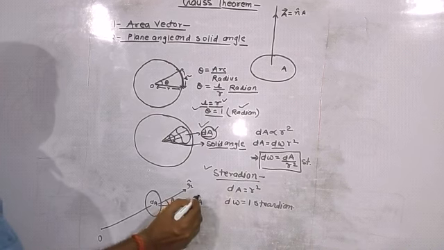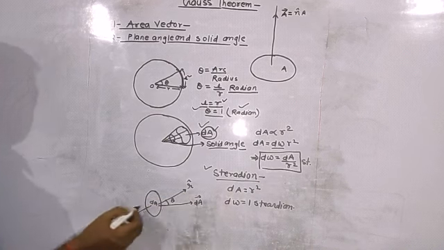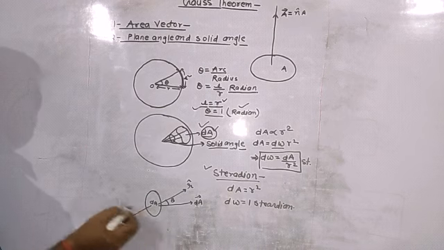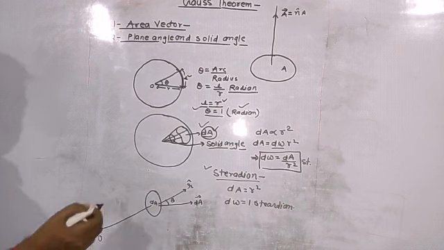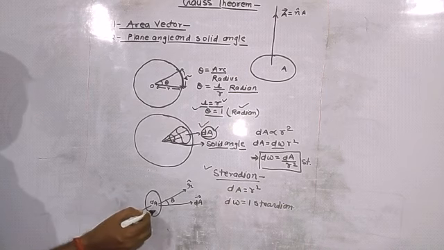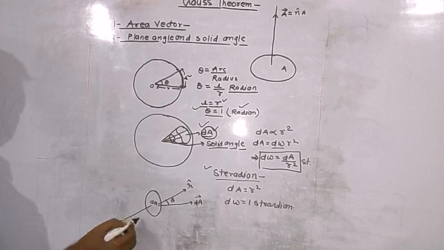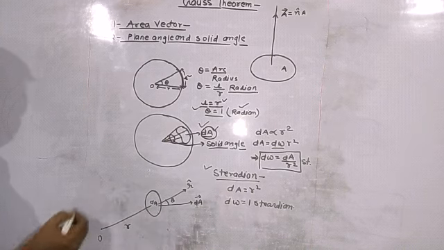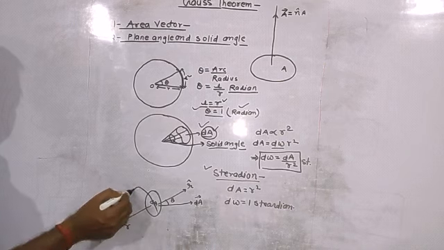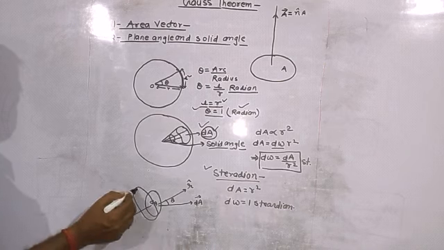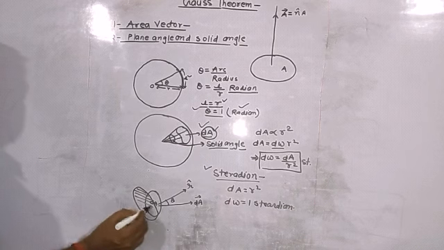That means the area vector will subtend some angle theta with it. So this is the surface area. Now suppose we have taken some projection by considering the distance r. If we draw a sphere by taking r as the radius, we get the projection of the surface area dA.